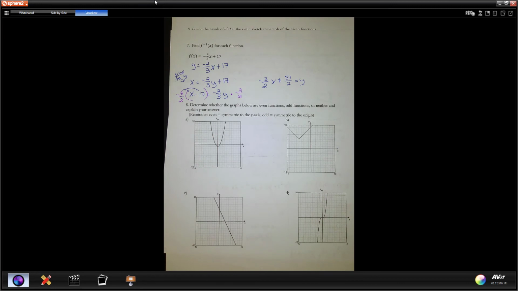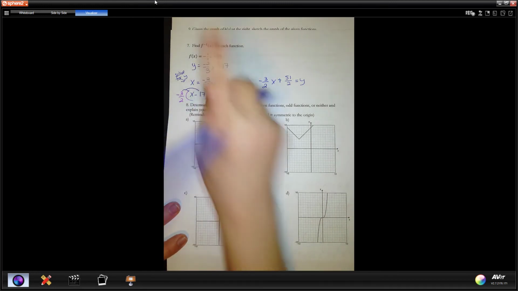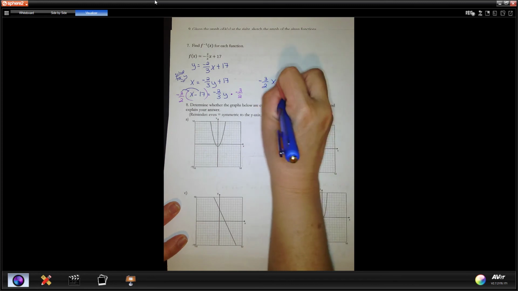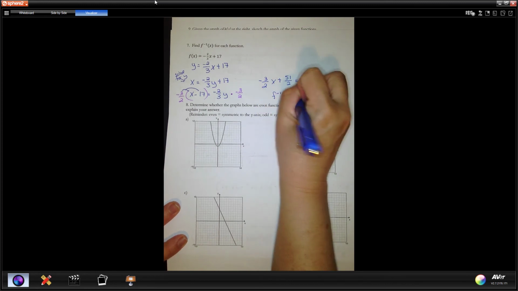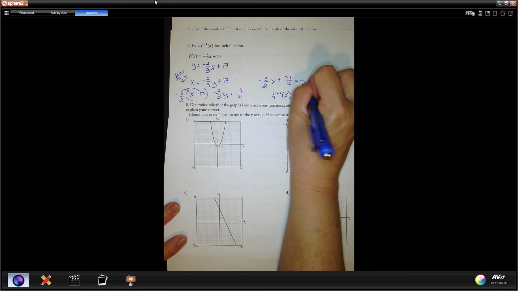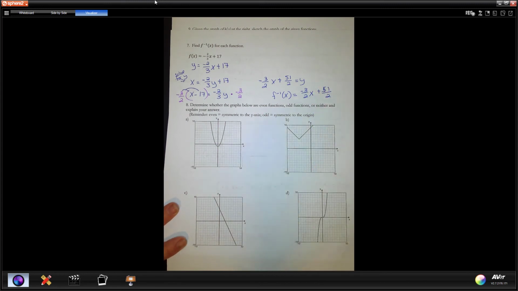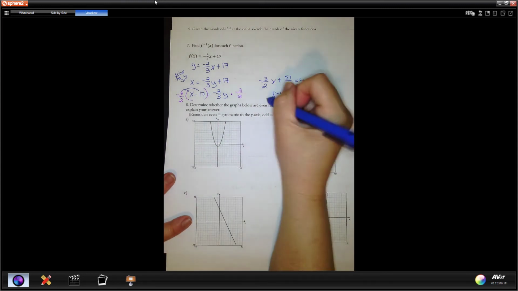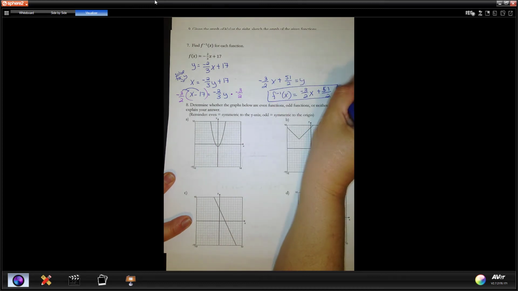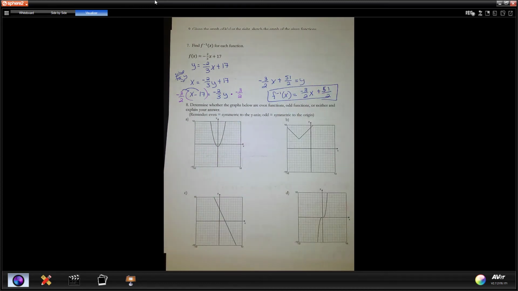That's a good answer, but not the best, because don't forget it says find f inverse. So we want f inverse of x equals negative 3/2 x plus 51 halves. So there we go.